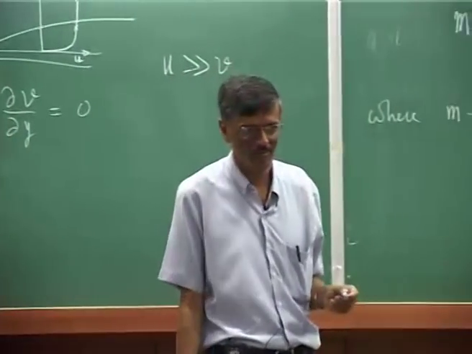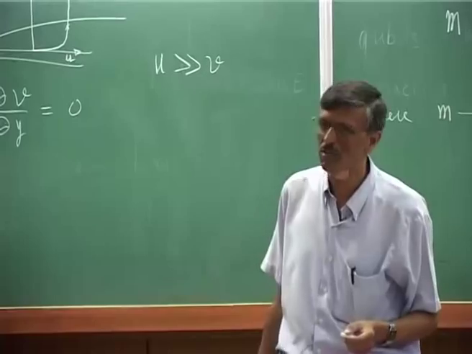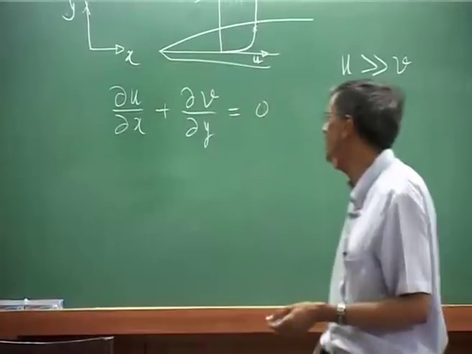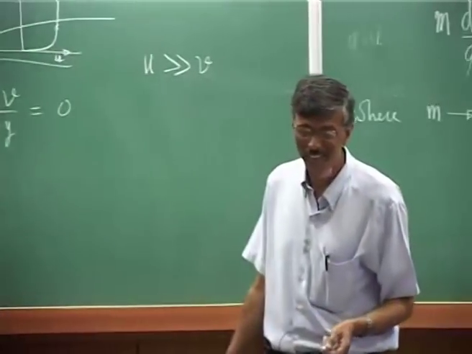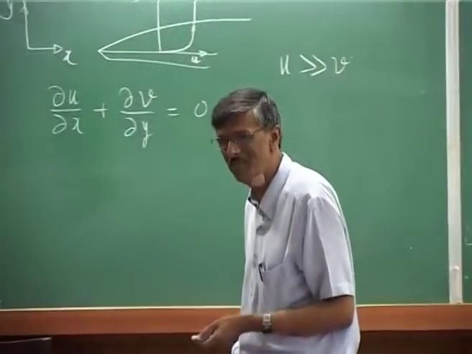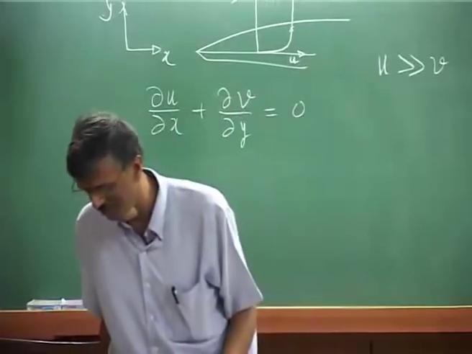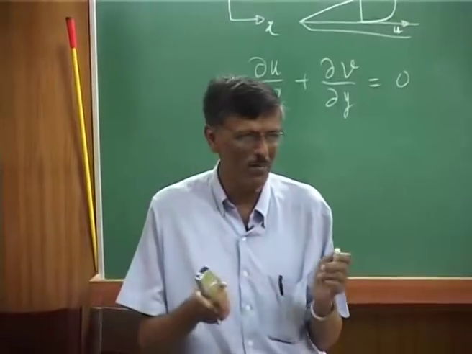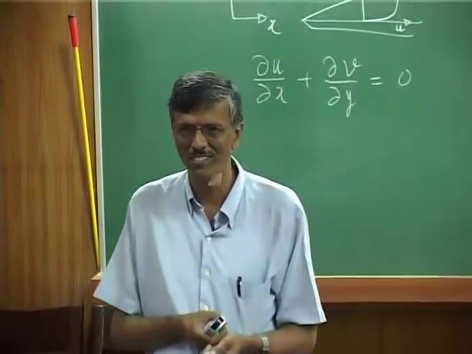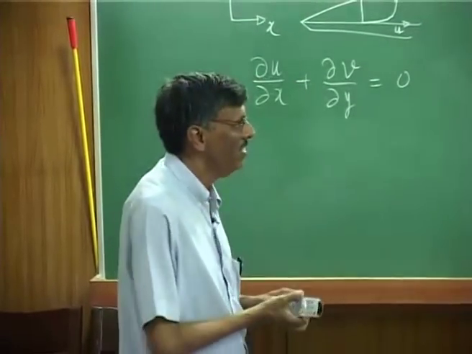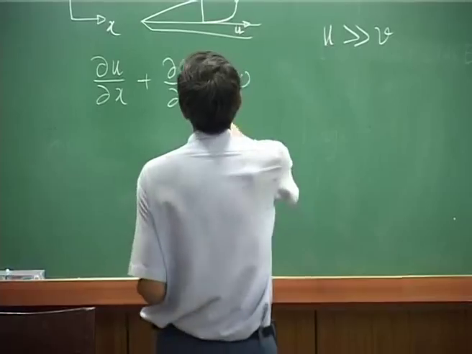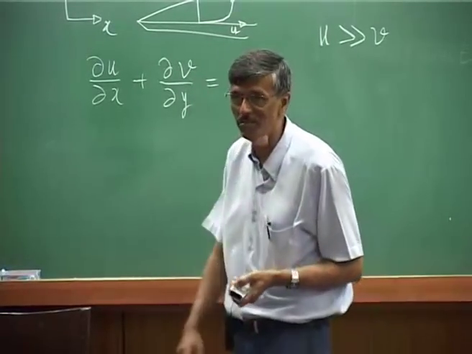That would be a mistake. Why? Because what we are looking at is not the velocities, but their gradients, right? And one of the things that you would never do in any physics activity is violate a conservation principle. So, you better be careful whenever you make some approximation, don't violate any conservation property. Here I am warning you that this equation, which represents mass conservation, be very careful.